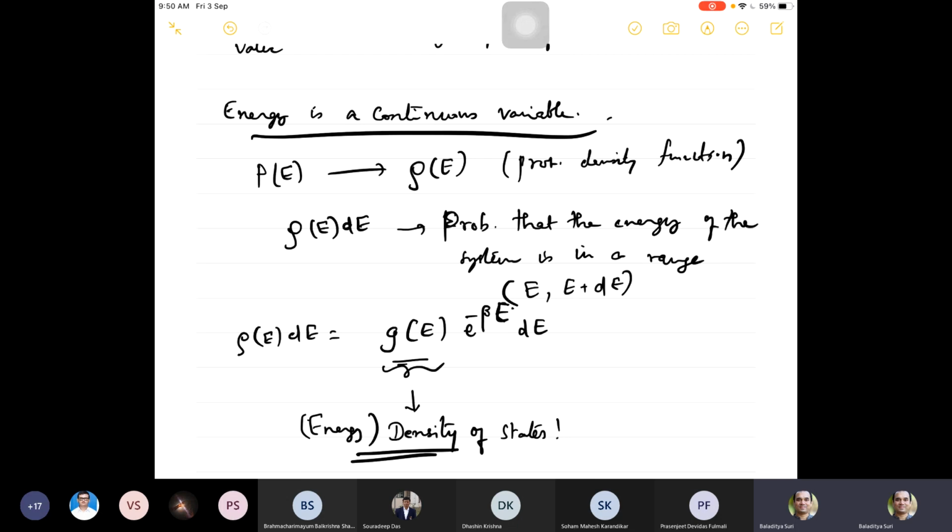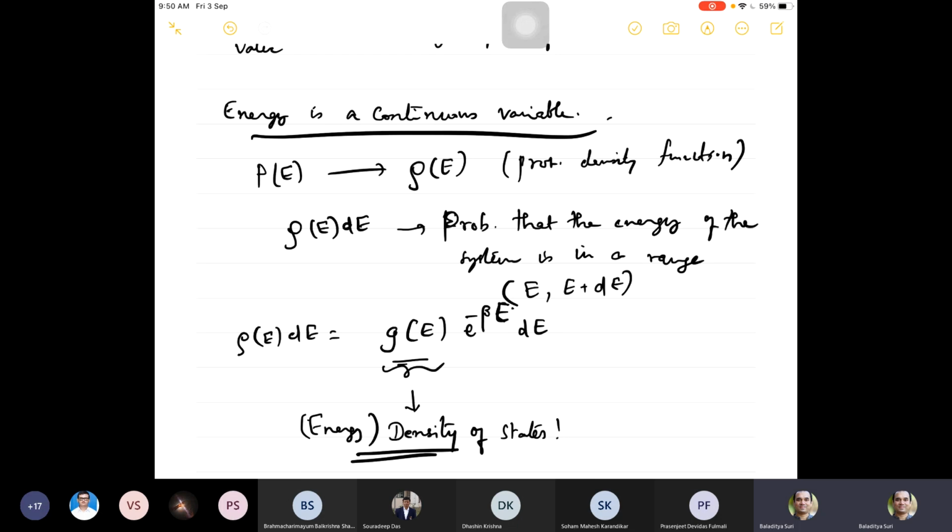And you will see that in quantum mechanics, this is often the case. But classically, in general, or even quantum mechanically, under certain approximations, energy is treated as a continuous variable, in which case we cannot define a probability that the system has an energy E, which will be just zero, but we can define a probability density function.